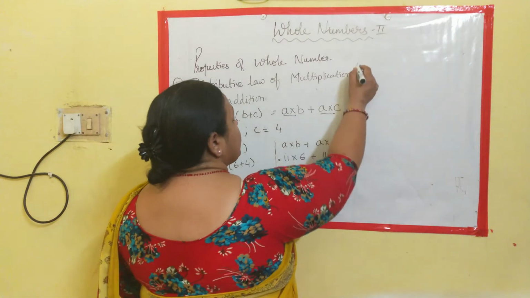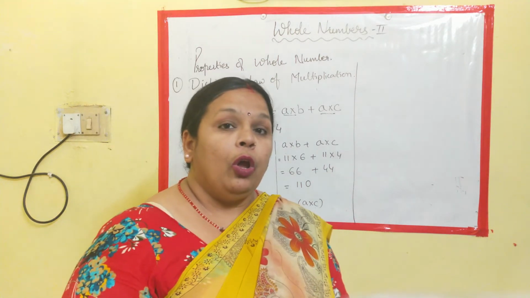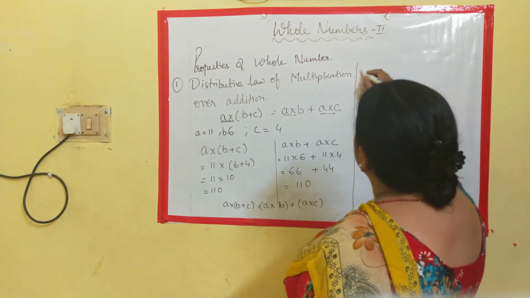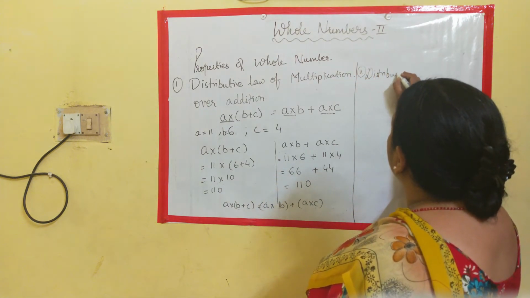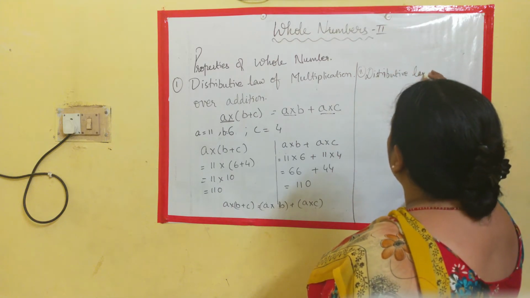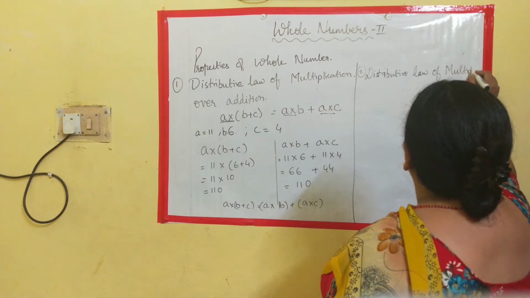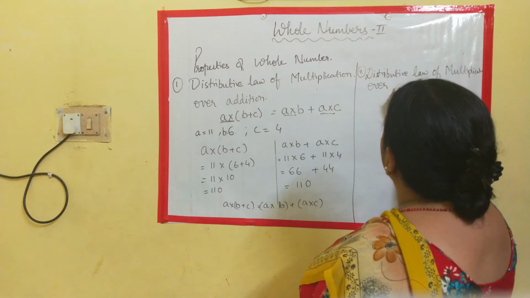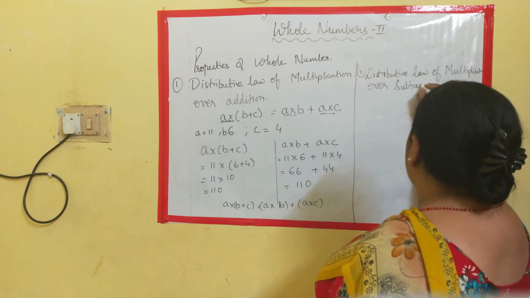Similarly, side by side we are going to see distribution of multiplication over subtraction. That is the second one, distributive law of multiplication over subtraction.